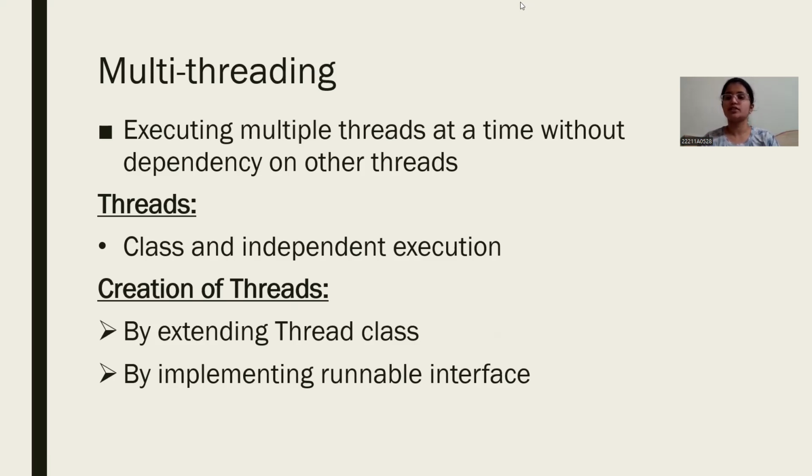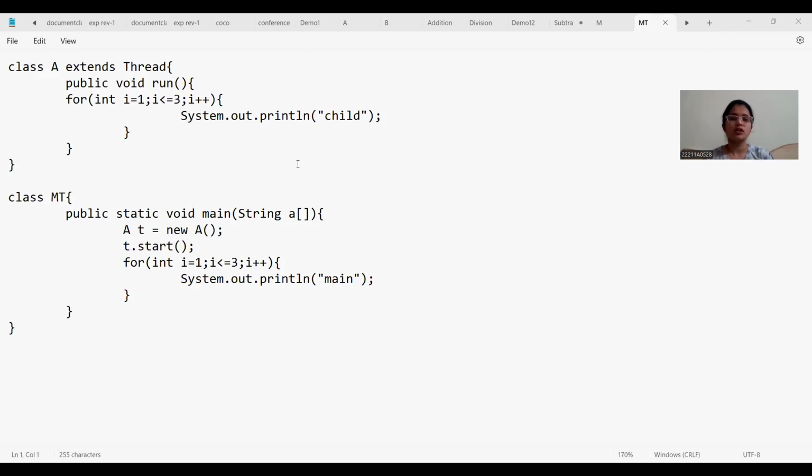Let us try to execute the threads program first. This is a program which includes the inheritance concept in threads. First of all, we are trying to create our own user defined thread here. The execution starts from main.